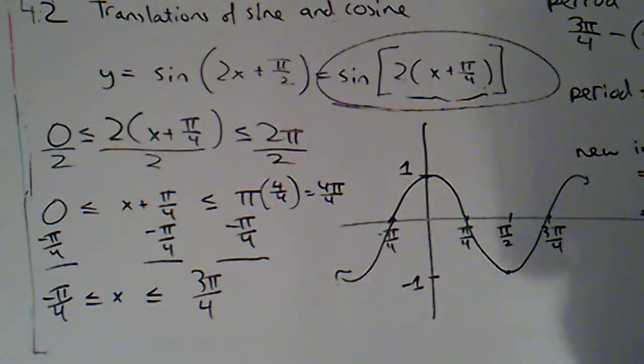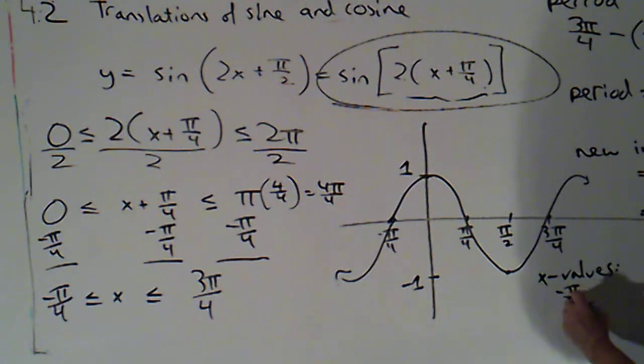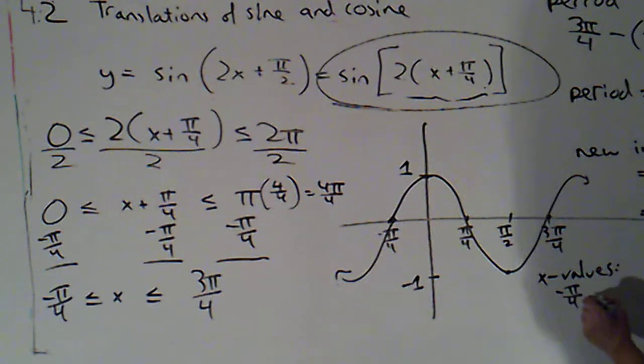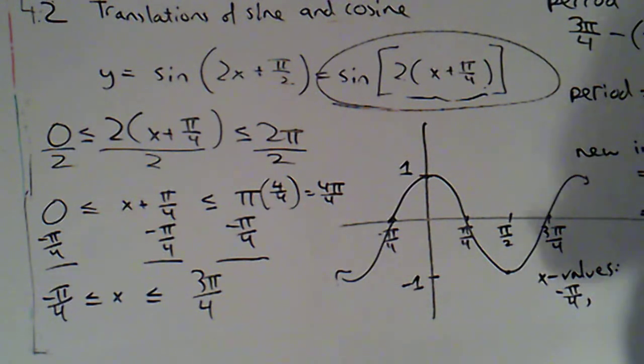So that tells me that my x values, I know we were starting at negative pi over 4. I'm just going to count by pi over 4 until I hit my ending value of 3 pi over 4. So negative pi over 4 plus pi over 4 is 0. Plus pi over 4 is pi over 4. Plus another pi over 4 is 2 pi over 4.